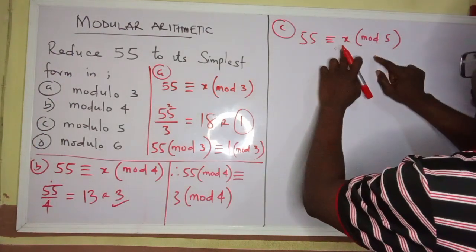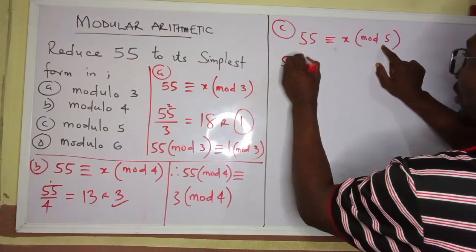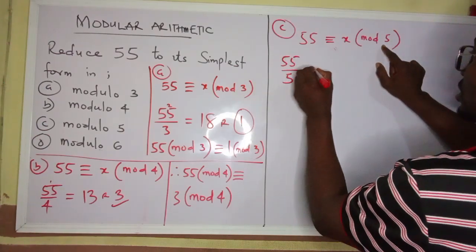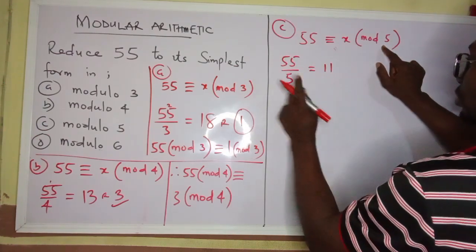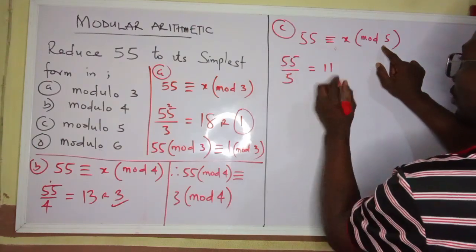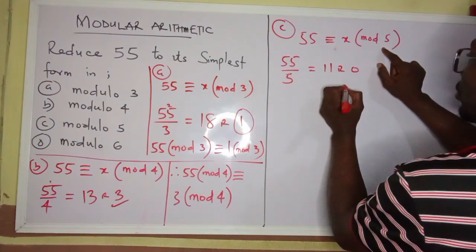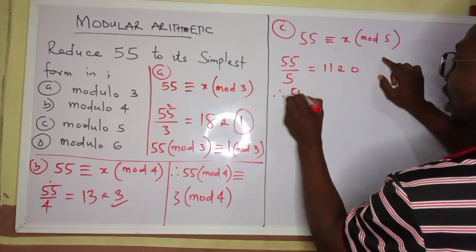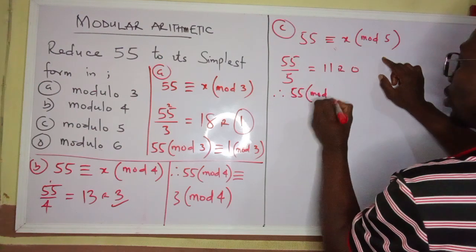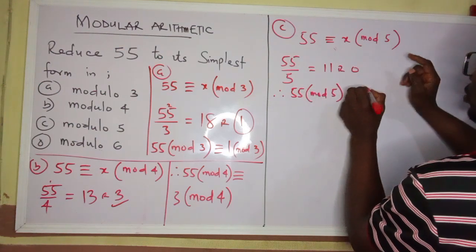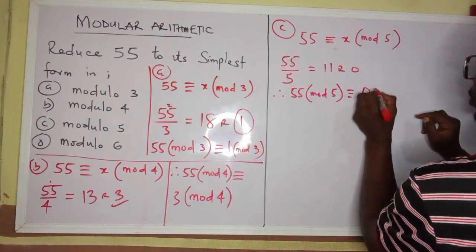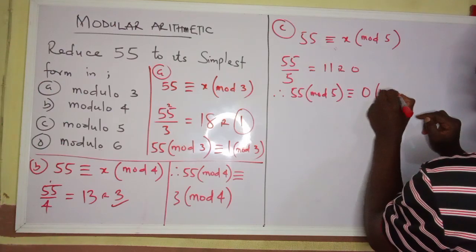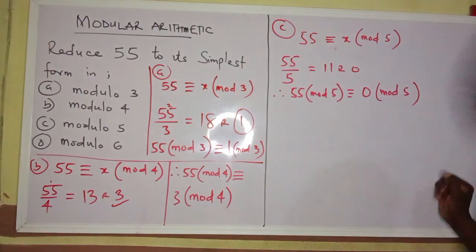So what is that number? 55 divided by 5 is equal to 11, remainder 0. Therefore, 55 in modulo 5 is equivalent to 0 in modulo 5.